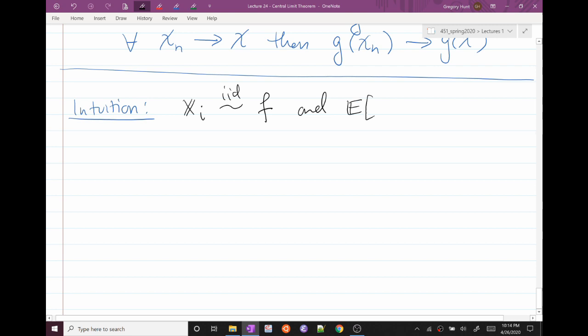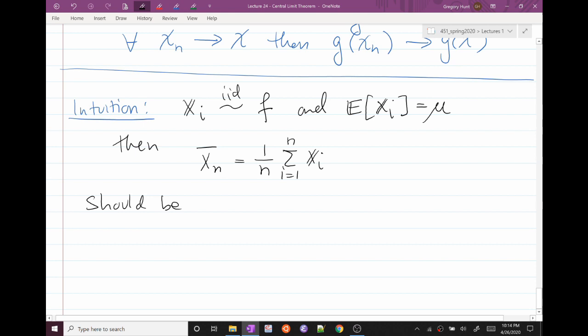If the expected value of any of these is some value mu, the mean, then my intuition is that if I look at what we're going to call x bar sub n, which is the arithmetic average of these x sub i's, this thing should be a good estimator of mu.